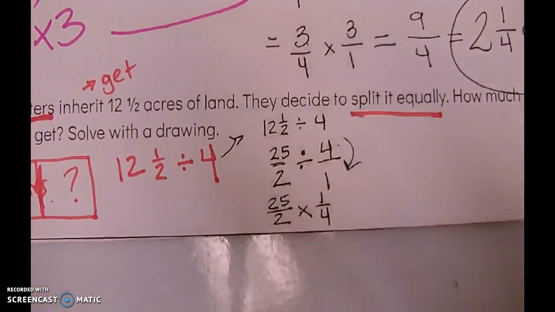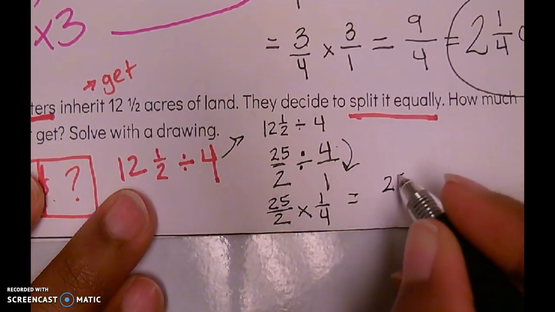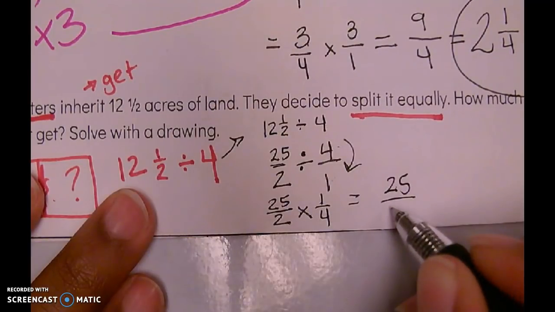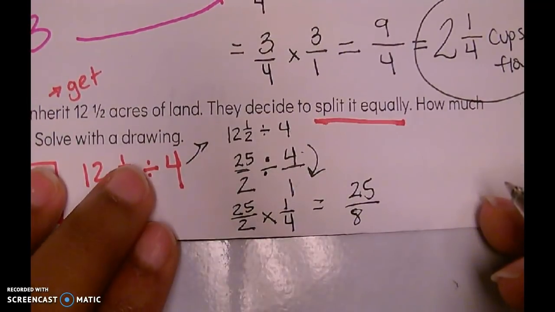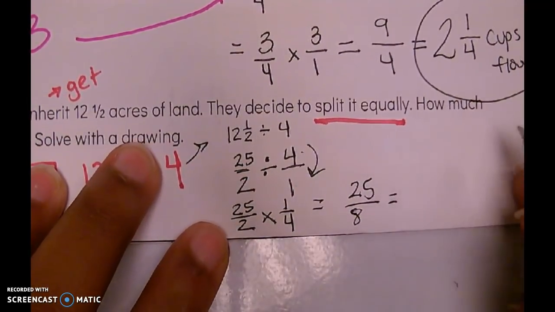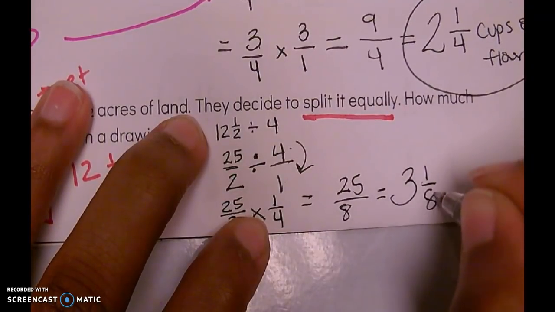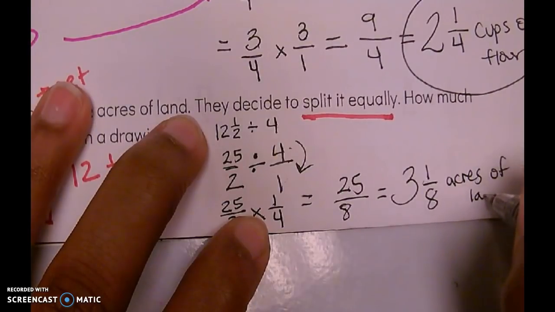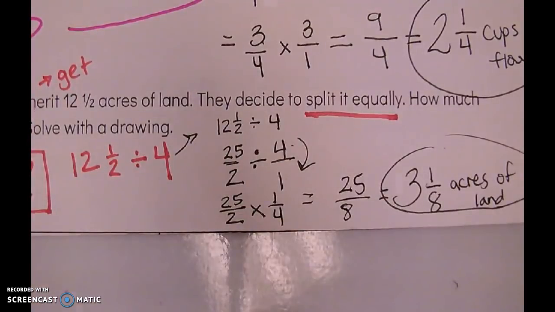So, 25 times 1 equals 25. 2 times 4 equals 8. And when I convert this into a mixed number, my final answer is going to be 3 1/8 acres of land. That's how many acres each sister is going to get.